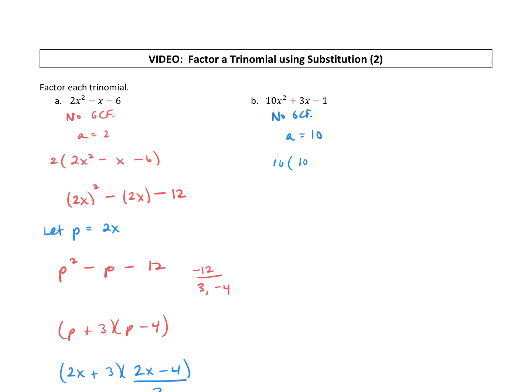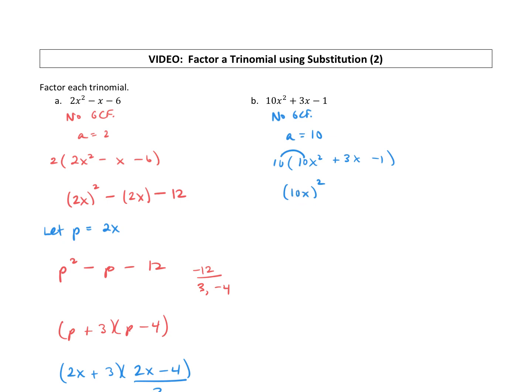So 10 times 10x squared plus 3x minus 1. When we multiply the 10 times the 10x squared, we have a 10 times 10 times x squared. That's the same thing as 10x squared. Remember, we want to end up with ax in these parentheses.